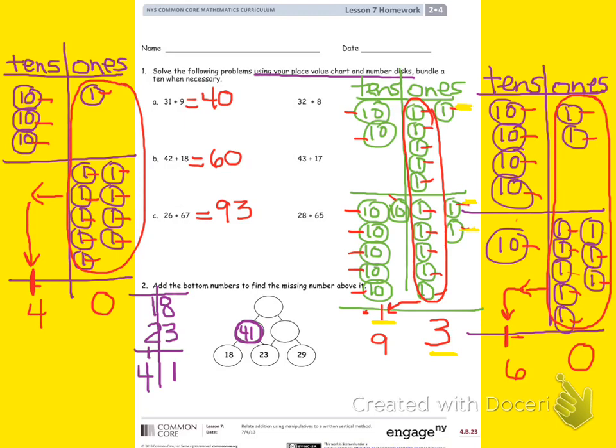Now for 23 and 29, you can write it again in the vertical written method of 23 plus 29. If it would help you, you could draw your 3 dots next to the 3 in 23, and your 9 dots next to the 9 in 29.